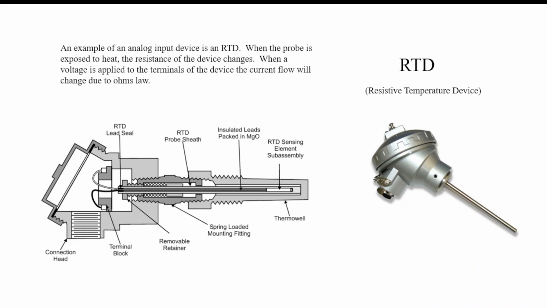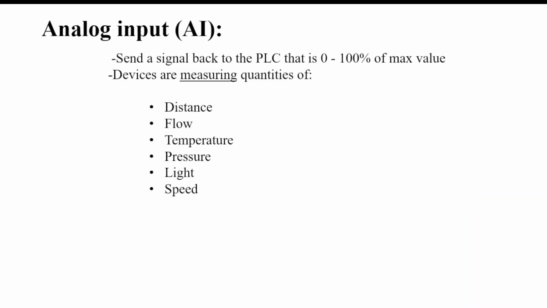An example of an analog input device would be an RTD. When the probe is exposed to heat, the resistance of the device changes. When a voltage is then applied to the terminals of the device, the current flow will change due to Ohm's law. Now, analog input devices are devices that send a signal back to the PLC that is 0 to 100% of the maximum value.